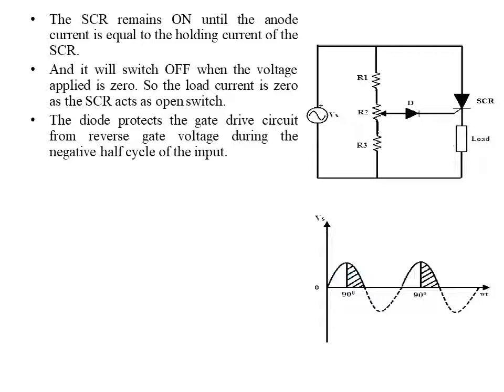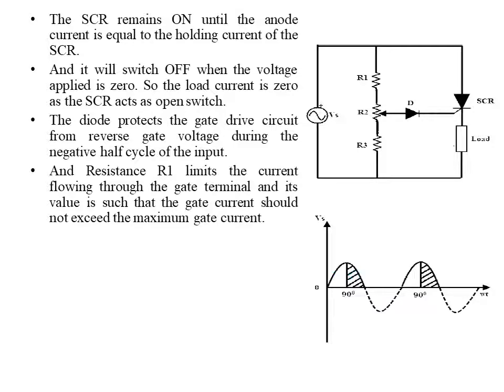The diode protects the gate drive circuit from reverse gate voltage during negative half cycle of the input, and resistance R1 limits the current flowing through the gate terminal, and its value is such that gate current should not exceed the maximum gate current.